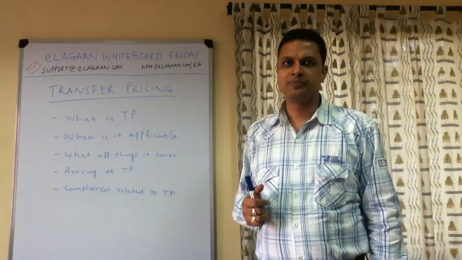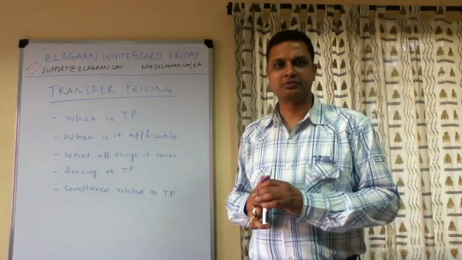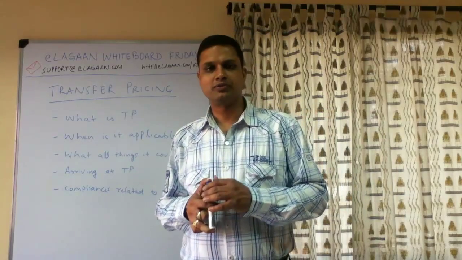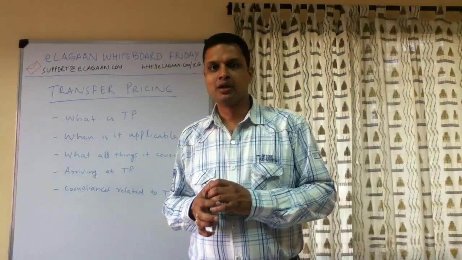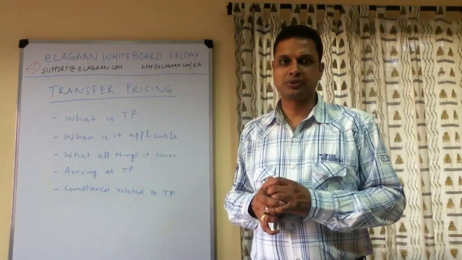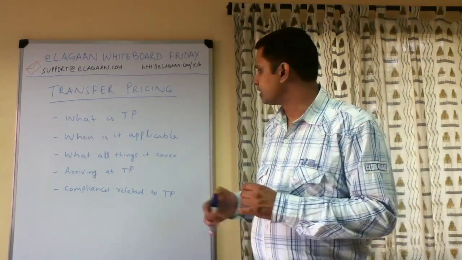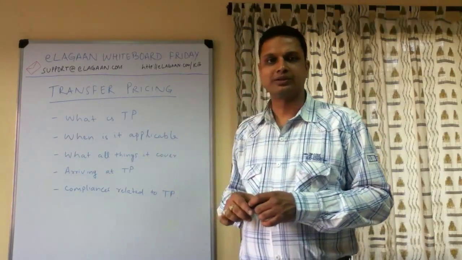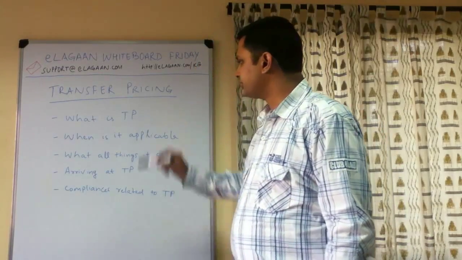In those scenarios, the government has given transfer pricing norms, and you have to follow those norms. It is generally called arm's length pricing, where you follow those norms to arrive at what profit levels you should charge, so that it is also acceptable to the government. So that is called transfer pricing.